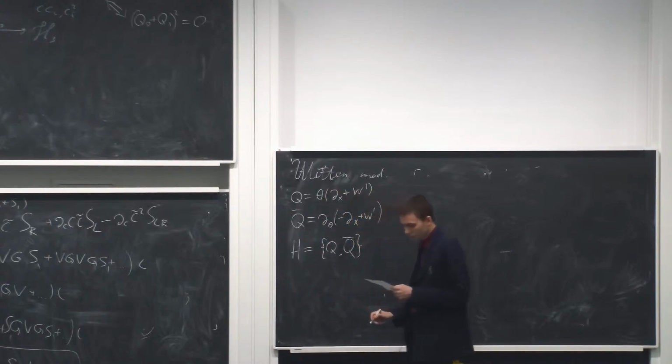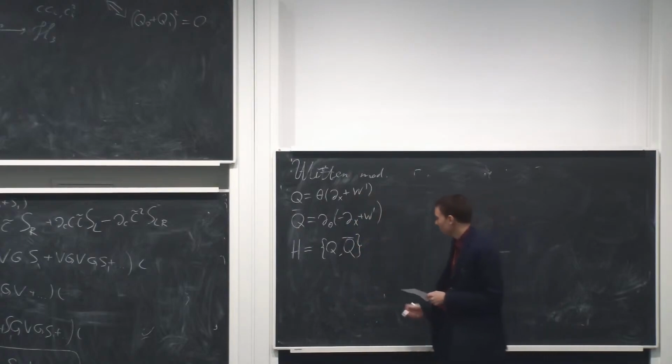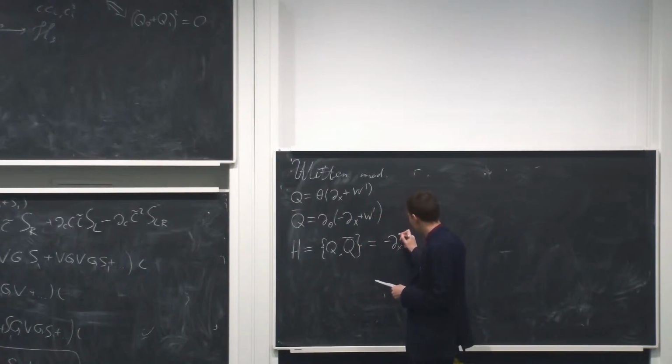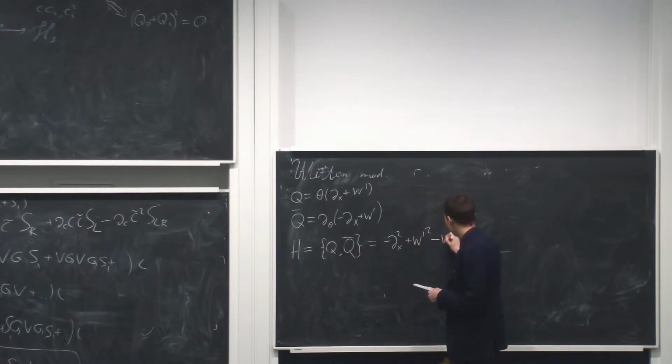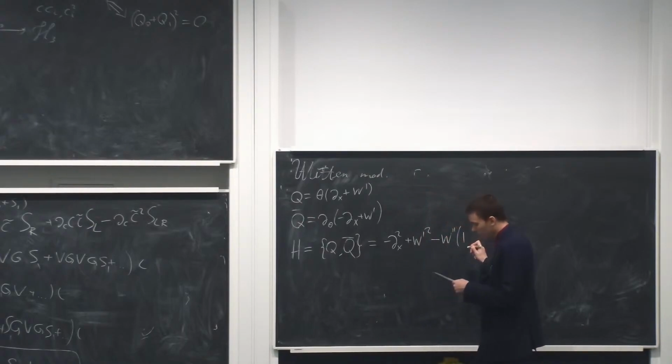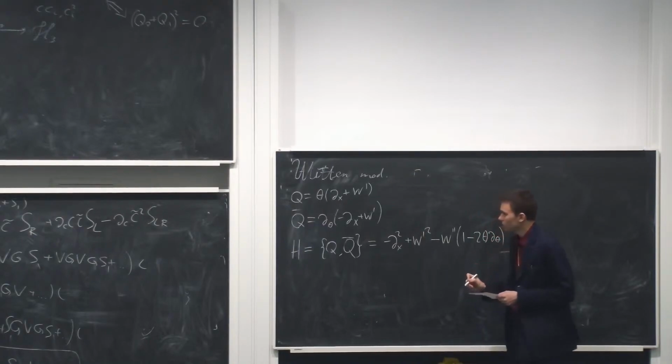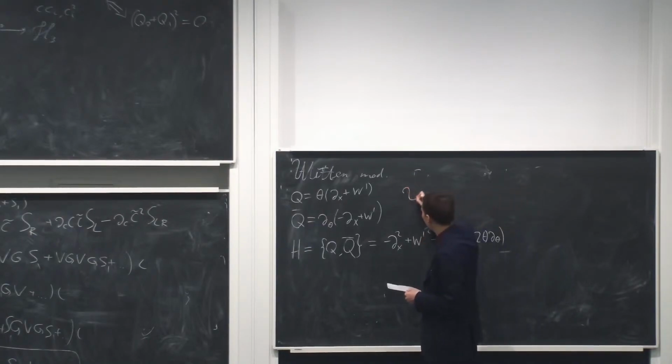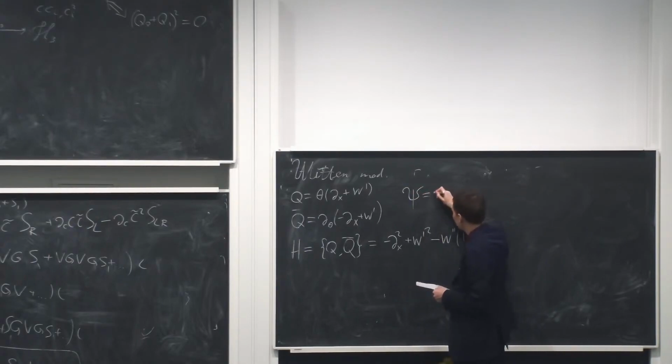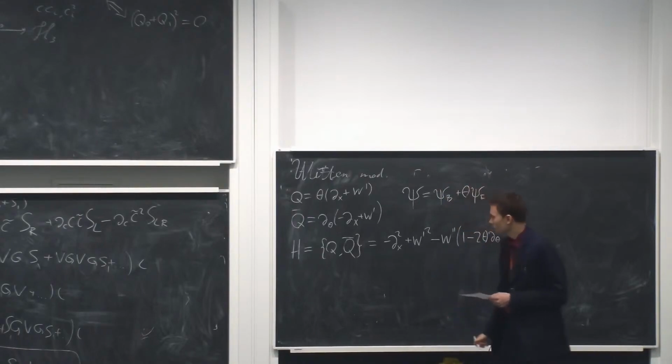Again, well-known stuff. If we expand it, just to be completely clear what this problem looks like, we'll get this. And here we'll have a number that is either +1 or -1, depending on whether it's acting on bosons or fermions. And our wave functions will be decomposed into bosonic and fermionic parts.